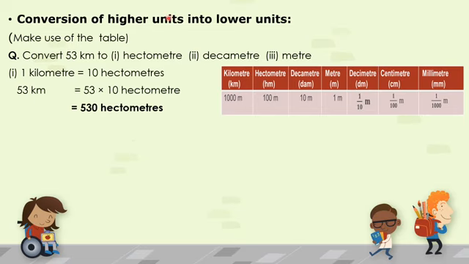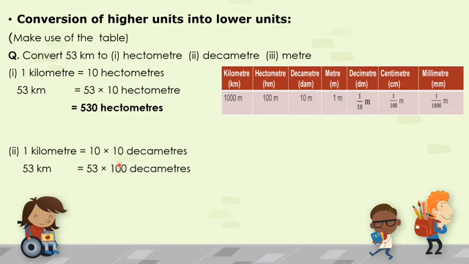Second question is decameter. Now, how will we understand that 1 kilometer equals to how many decameter? Same way, see how many steps are we taking to reach decameter. From kilometer, 1 step, 2 steps. That means 2 times, 2 steps. So 2 times 10, that means 100, right?